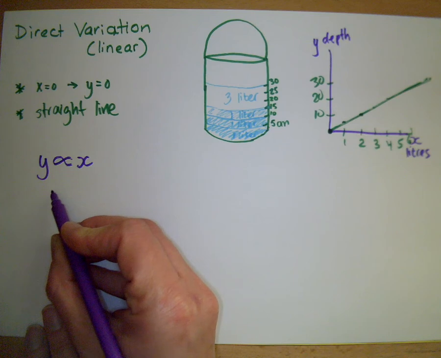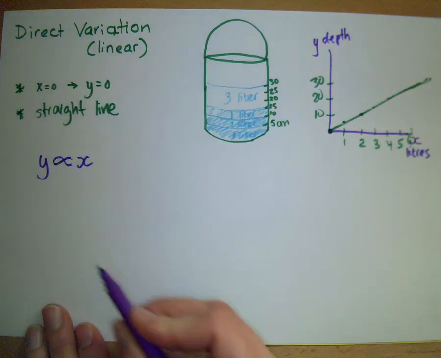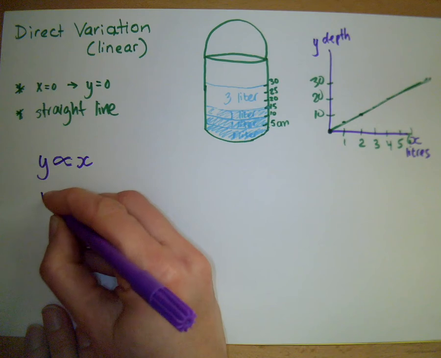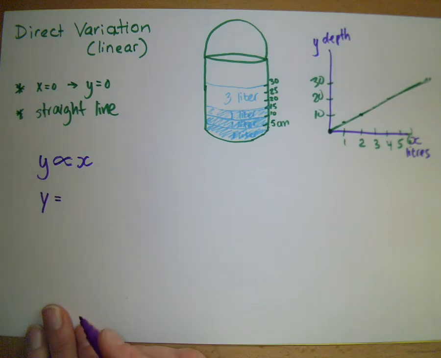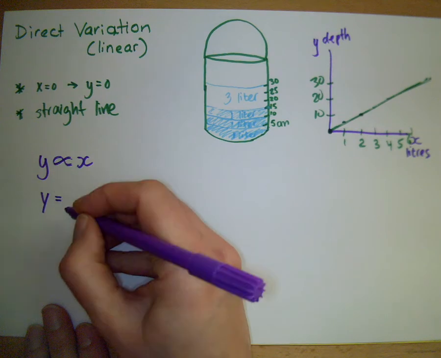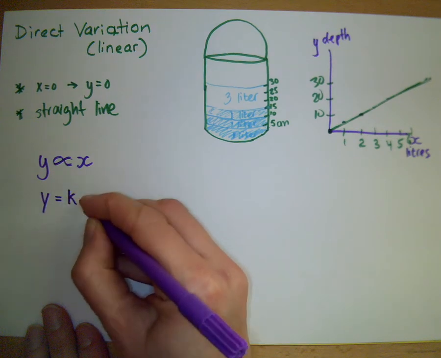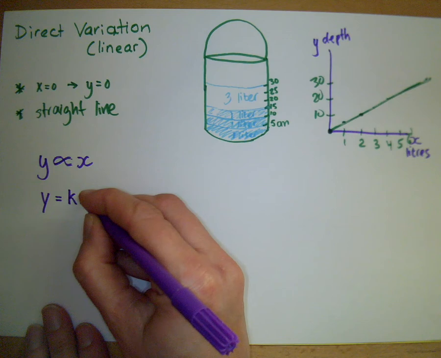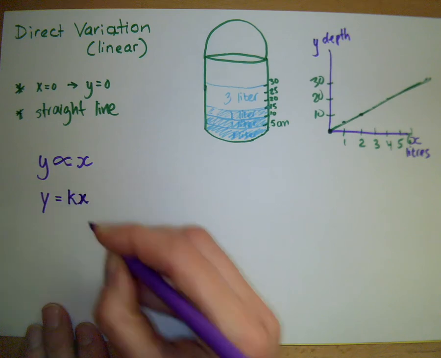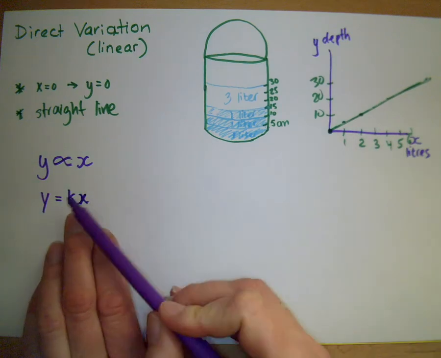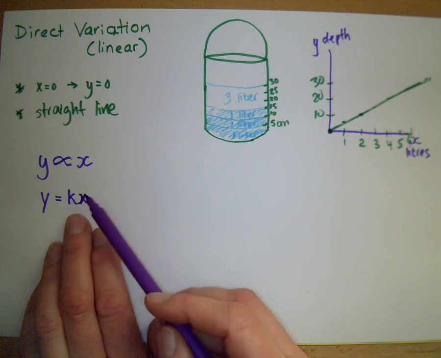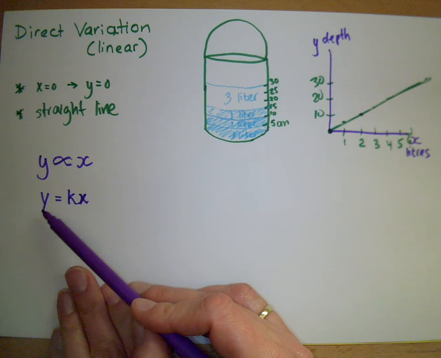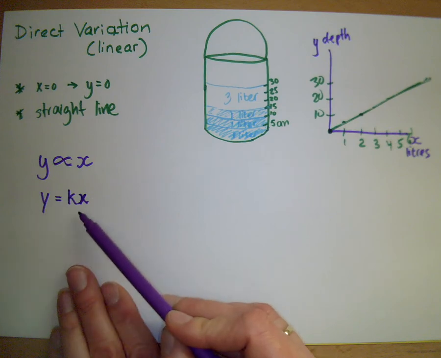And for linear direct variation, the relationship will be expressed with the formula y equals k times x. Ooh, I should do my squirrely x. Because you know that any straight line that passes through the origin can be described by a formula in this shape, right?